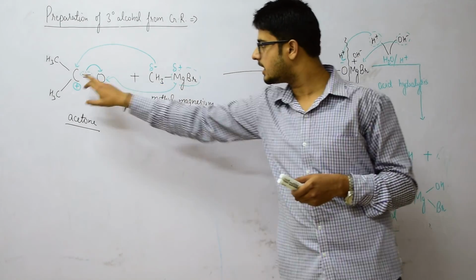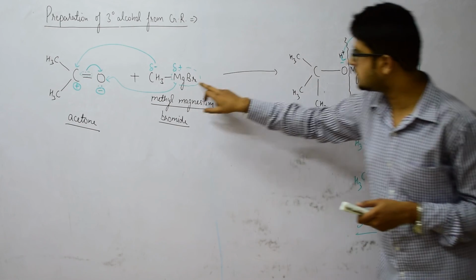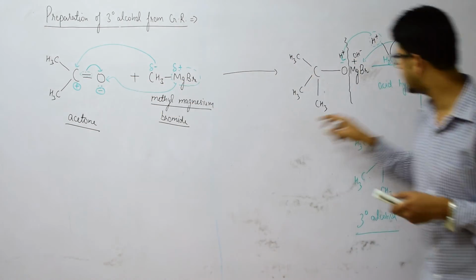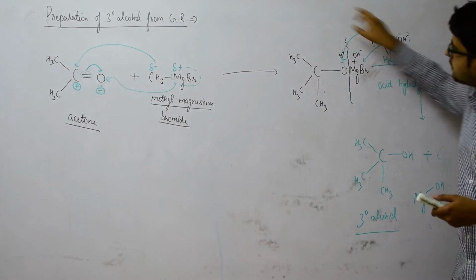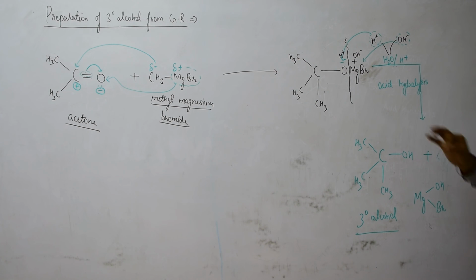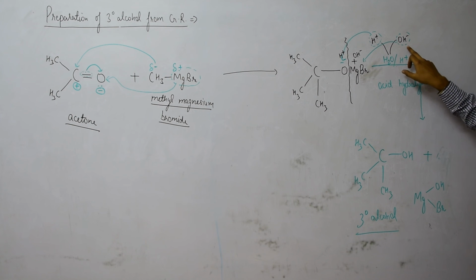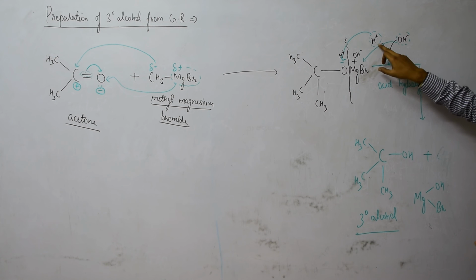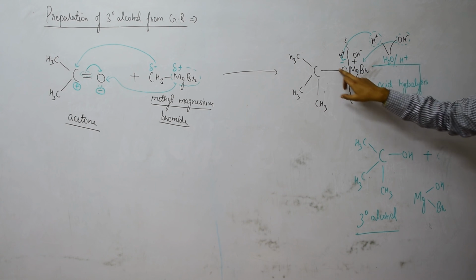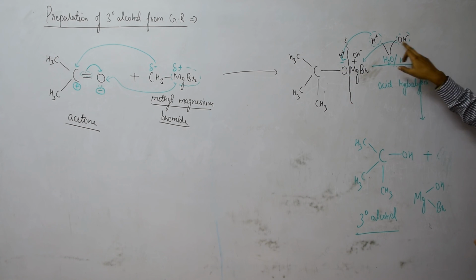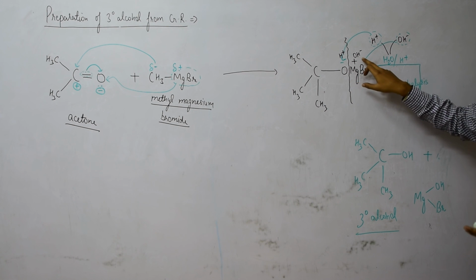This CH3 will be attached to this carbon atom, and this MgBr would be attached to this oxygen atom, leading to the formation of this compound. Then finally, this is acid hydrolyzed. So H plus ion and OH minus, which are generated from water, H plus would be attached over oxygen and OH would be arranged over MgBr group.